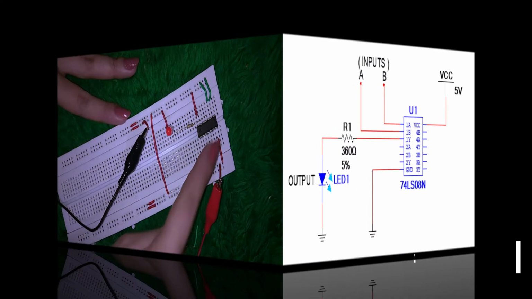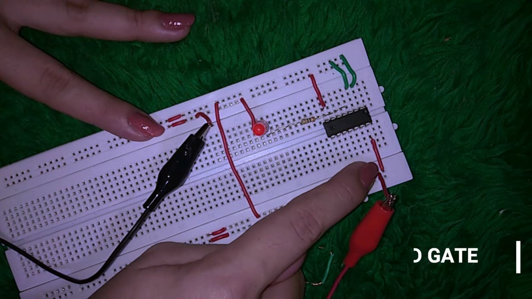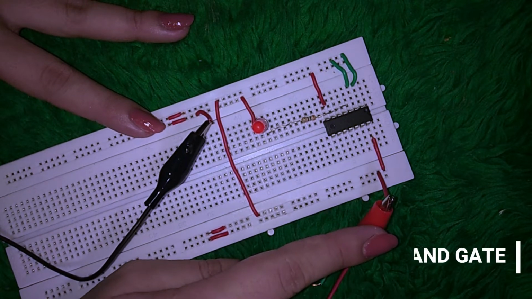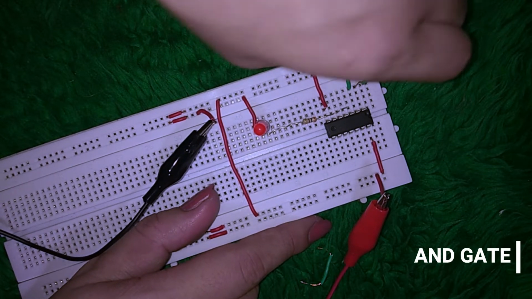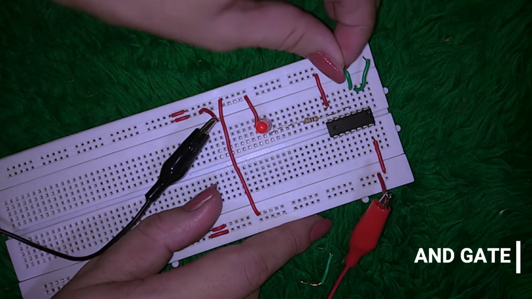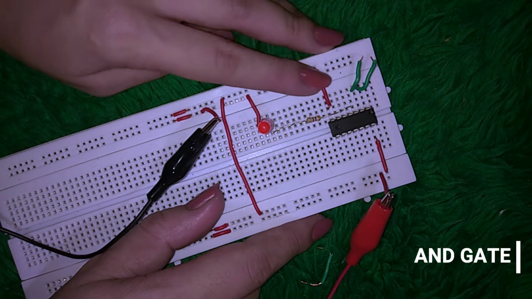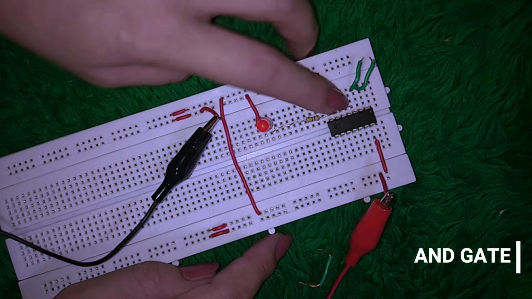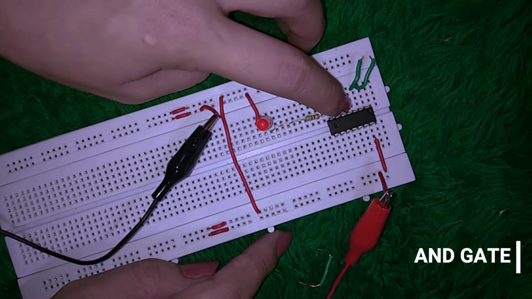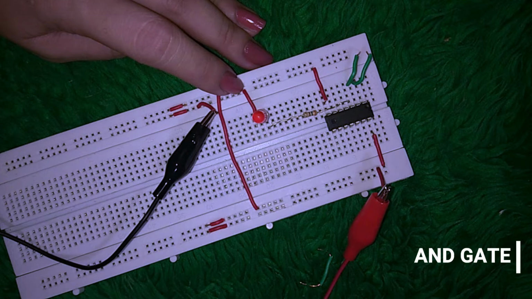So for the AND gate, we have here a 7408 IC, a VCC connected to the first pin, a positive power source, input B to the first pin of the IC, and on the second pin, we have here an input A, a ground connected to the last pin of our IC, a resistor connected to the third pin of the IC that is connected in series with the LED, and the LED should be grounded.